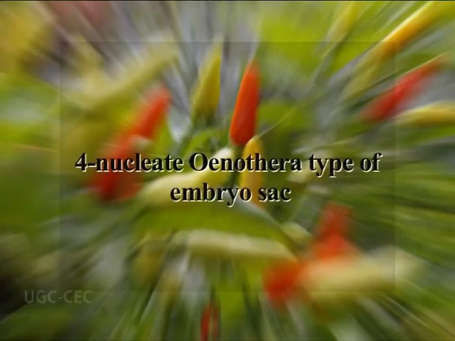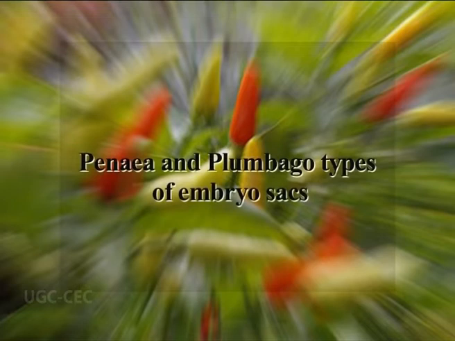There is considerable variation in the number of polar nuclei in an embryo sac. In the 4 nucleate Oenothera type of embryo sac, there is only 1 polar nucleus, whereas Peperomia and Plumbago type of embryo sacs have 3 to 4 polar nuclei.